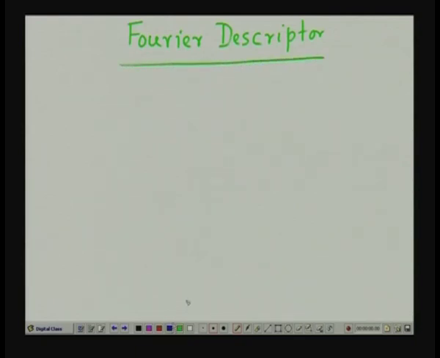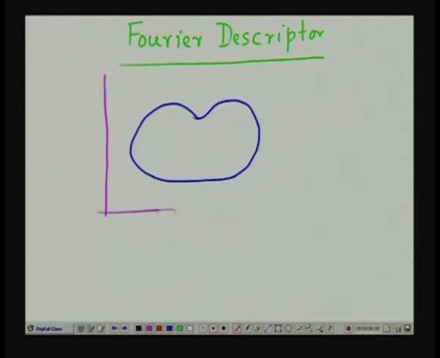Suppose you have an object boundary, say something like this. Obviously, I will have image axes, given by x and y, and this boundary is nothing but a set of discrete points in this two dimensional x y space.